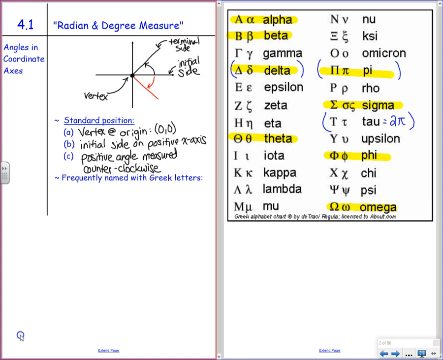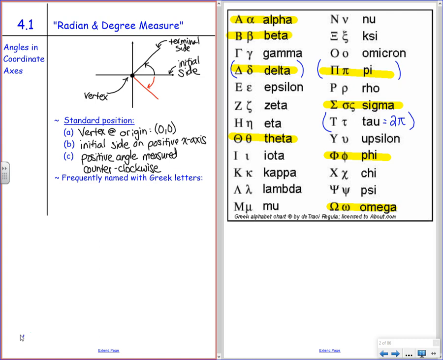I don't know if you can tell, but of these two different angles, one is black and one is red. Which one do you think is the counterclockwise positive angle? Careful. Which way does the second hand go? It goes around, right? So clockwise would be this direction, down to the left.